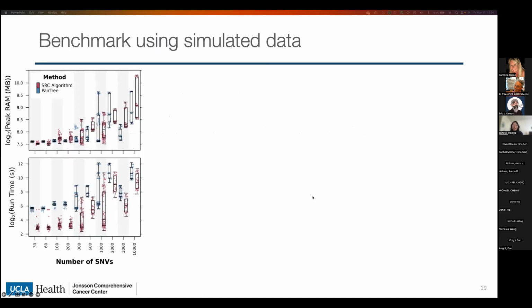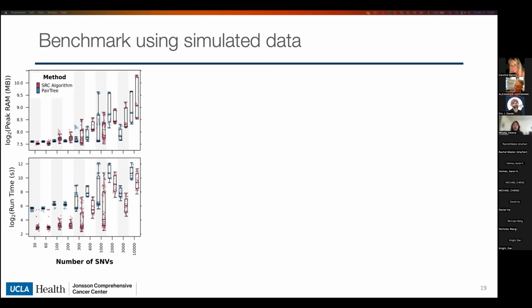Okay, so here are some of the results from the benchmarking. Here are some box plots showing the distribution of runtime and memory usage. The y-axis is log scaled for visual clarity. The red dots represent the results from our algorithm, whereas the blue ones are from Pairtree.